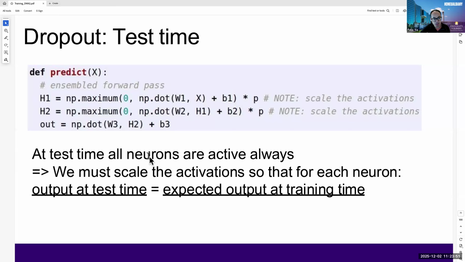So that means at test time, all the neurons will be active always. We don't drop out in these cases. We only drop out when we do training. But in the meantime, we will scale the activation so that each neuron will output at test time the expected output at training time, by doing the scaling times p.